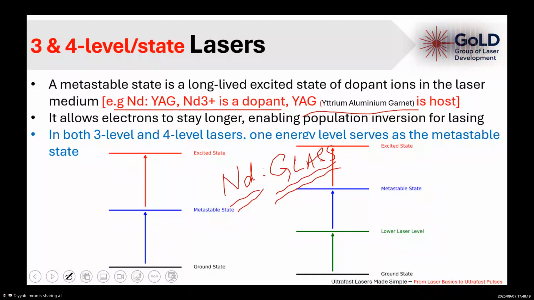Now, lasers are also classified in another way, which we call 3-level laser or 4-level laser. In actual materials or gain media, the levels are not so simple; we just use lines to interpret them somehow. Here I just drew some lines.